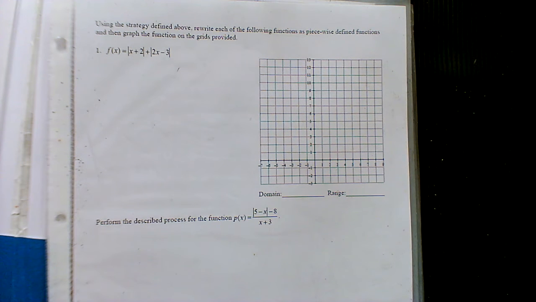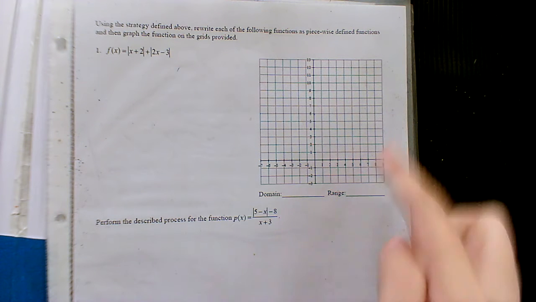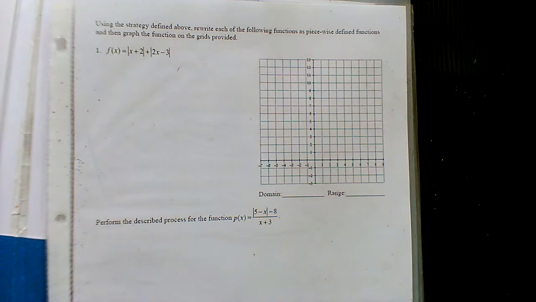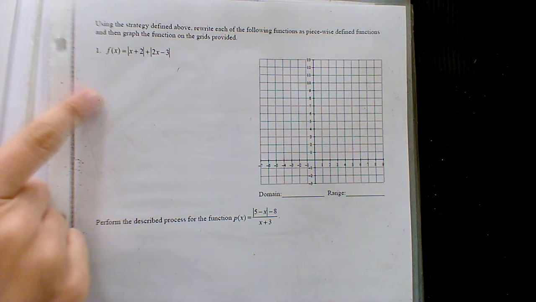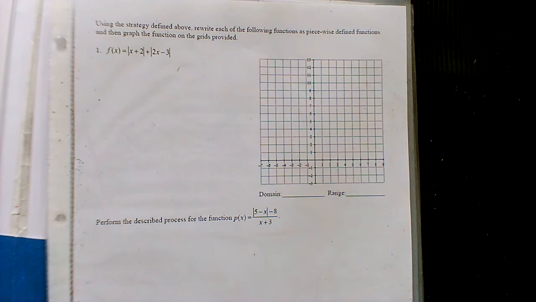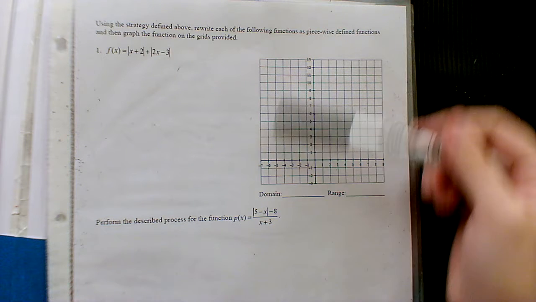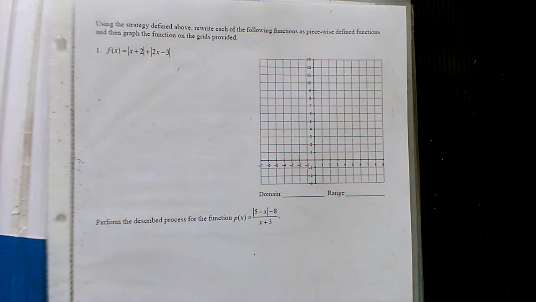We're going to try to write it as a piecewise function, individual equations, and then we'll graph those individual equations to see what this would look like as a picture, without using a calculator. Now, I know we have a calculator, so we'll check to see how accurate we are, but we're going to try to do it without one first.